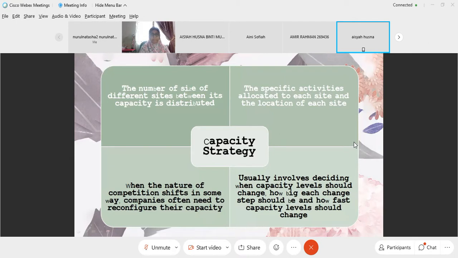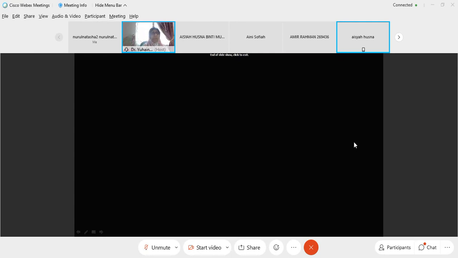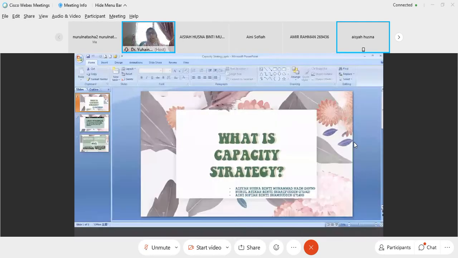Okay. Yes, thank you. All right. So basically, capacity strategy is a set of strategies apart from operations strategy. So if we already have an operations strategy, under that we have one part which is capacity strategy.